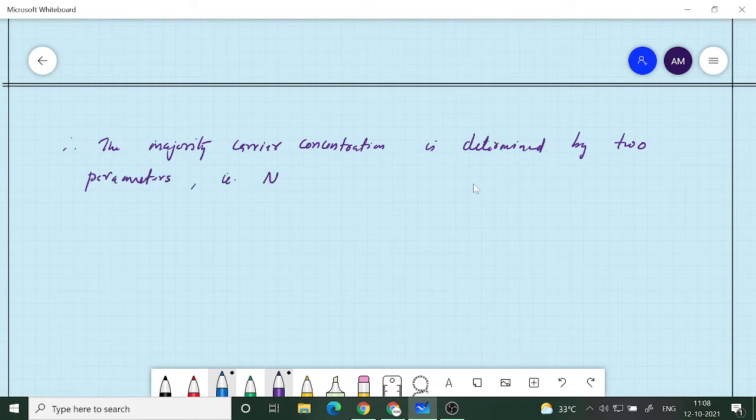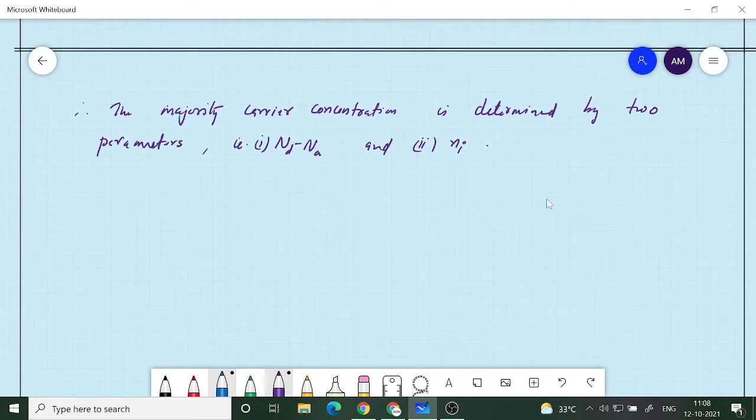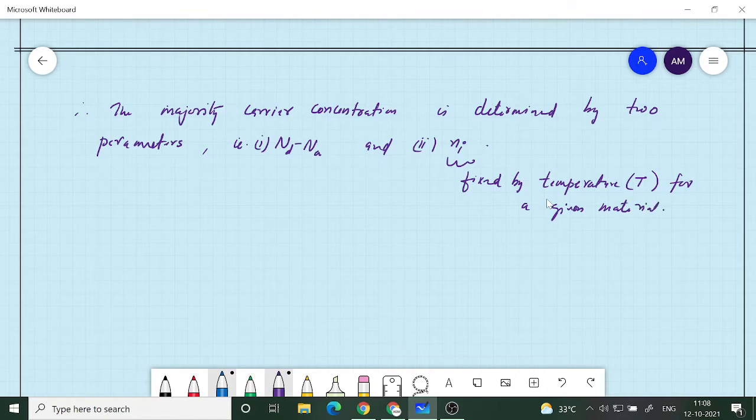Number 1, Nd minus Na, and number 2, ni. ni is determined by the temperature, so it is fixed by temperature T for a given material, and Nd minus Na is the doping concentration. So these are the two parameters that determine the majority carrier concentration.